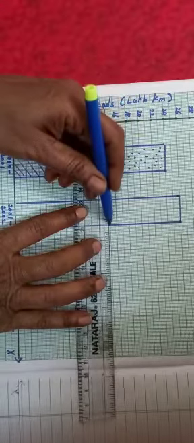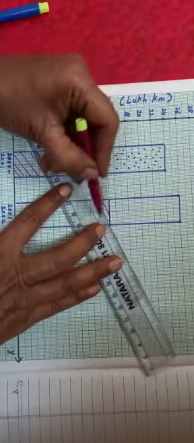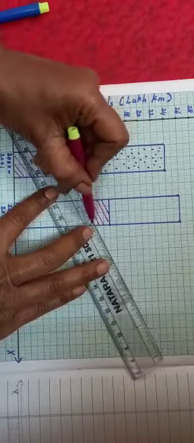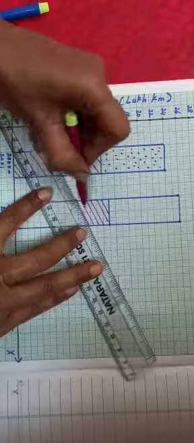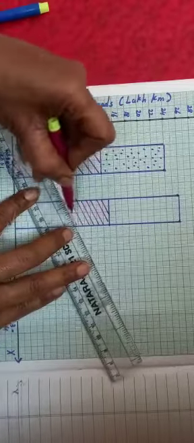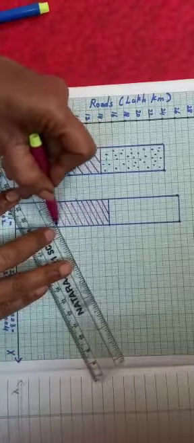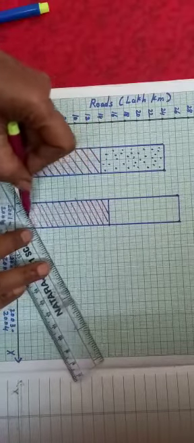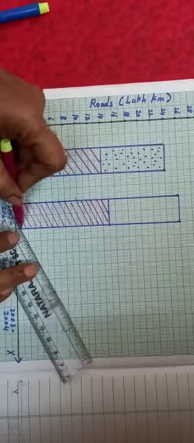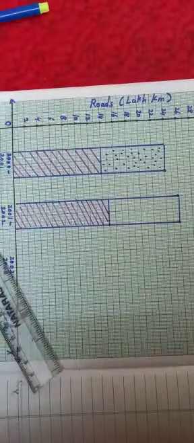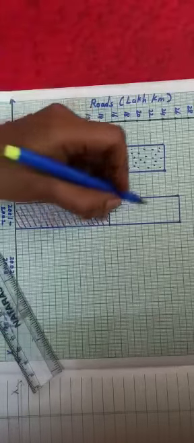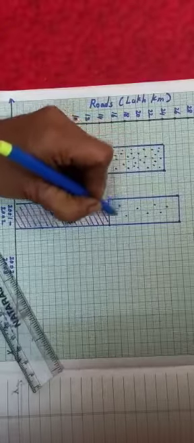This is 15. Then you have to draw like this so that you can differentiate between temporary and permanent roads. And the remaining will be temporary roads, so you can just put dots like this.